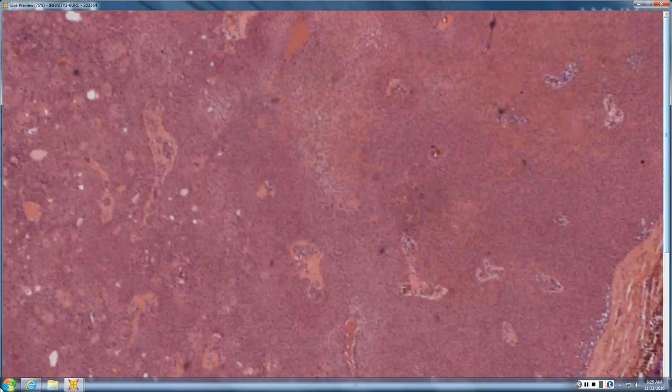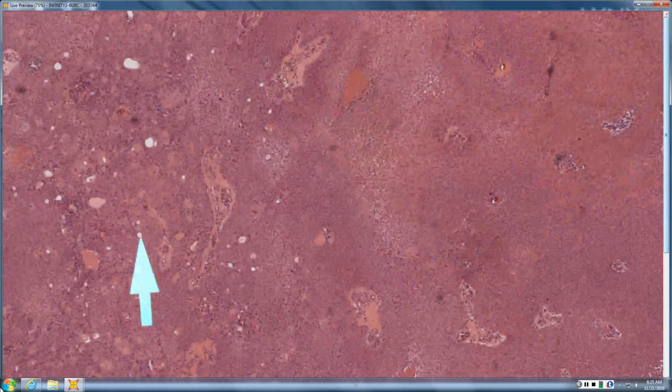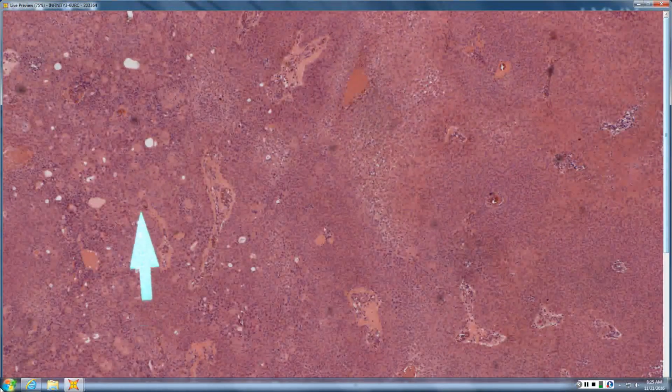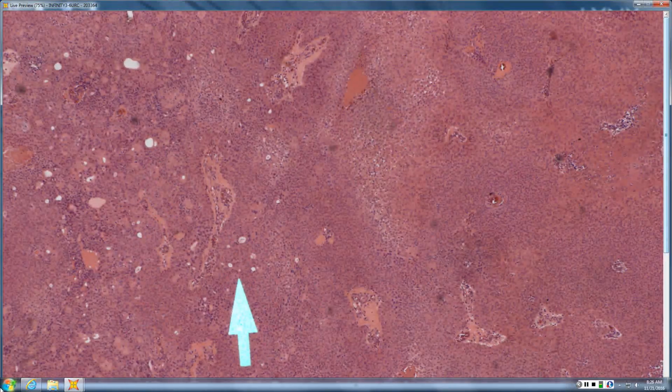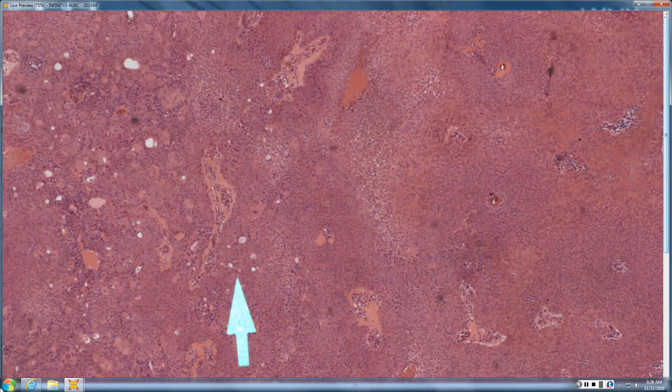And then you have all these circular clear things, which are ducts. So if it's a sweat gland tumor with lots of ample cytoplasm around the cells and duct differentiation, I'm not sure. Lymphoma or something.